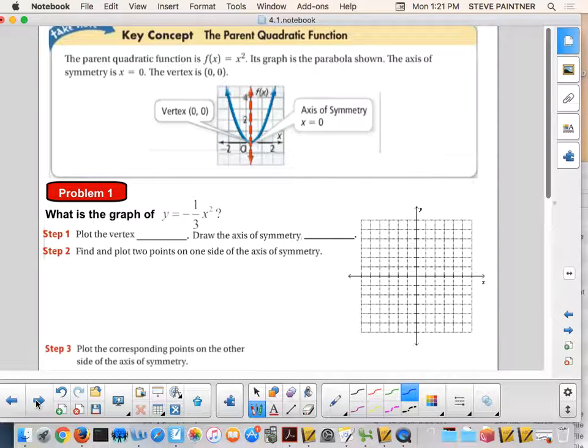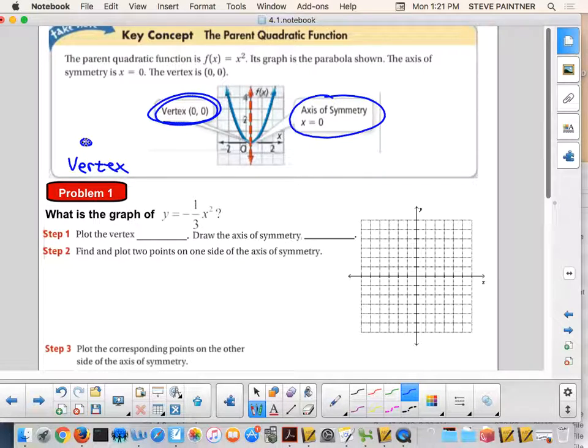All right, next up, right here. Page 2 talks about the parent function, which I've already talked about right here. What is it that you should know? The vertex will always be 0, 0. Axis of symmetry, x equals 0. And what about the behavior of your parent? How's the behavior happening? Vertex, wherever that is.